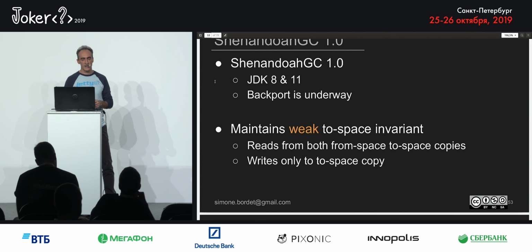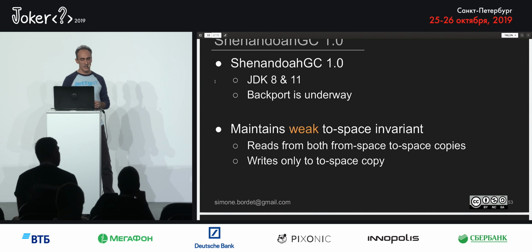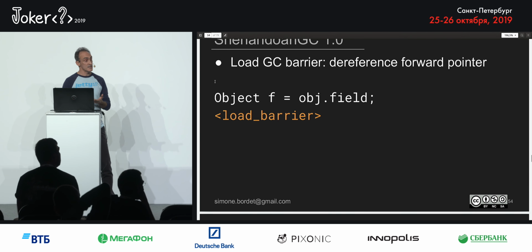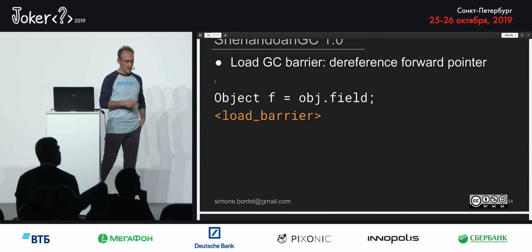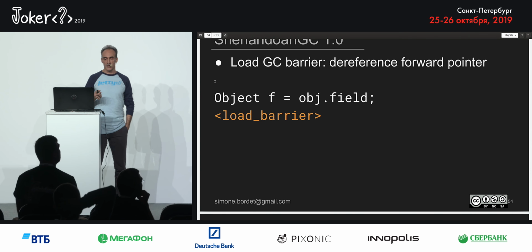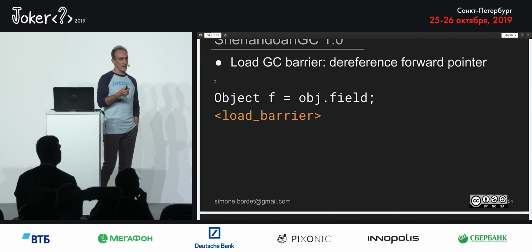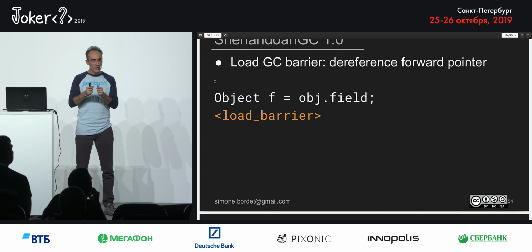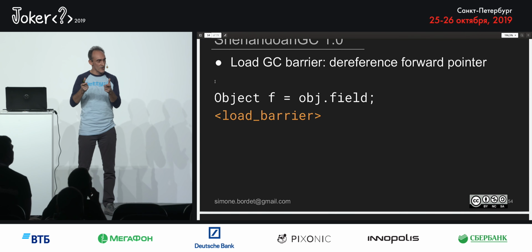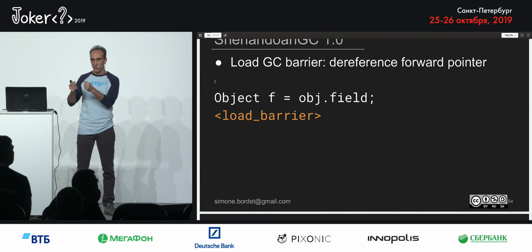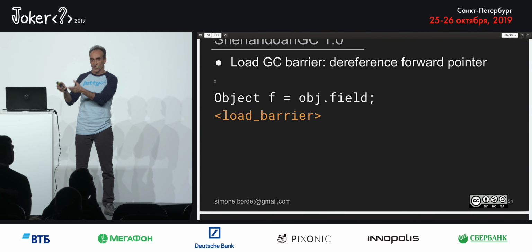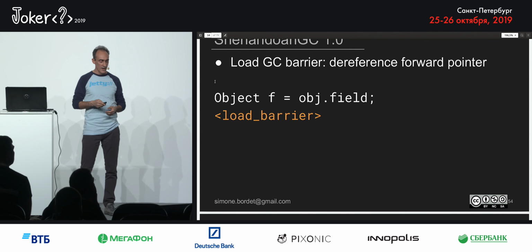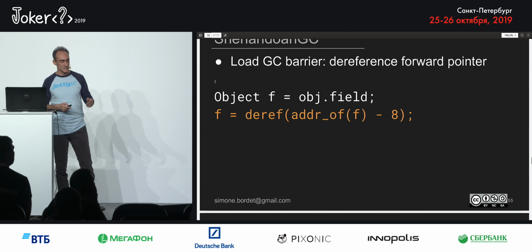So the weak invariant that Shenandoah 1.0 tries to maintain needs a barrier, right? Exactly as before, we need a barrier. What is it that this barrier is doing? It has to figure out where the actual copy of the object is that I need to use to read and write values, right? And so what it does is basically this.